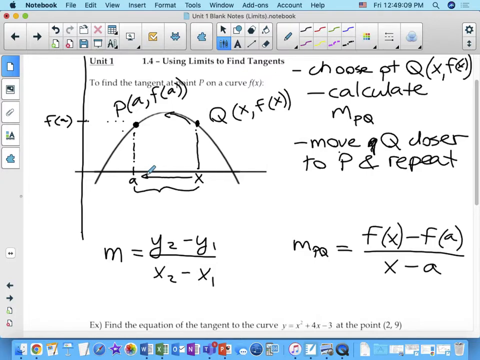So how we can actually define the slope of the tangent line at this point is we can define it as a limit.